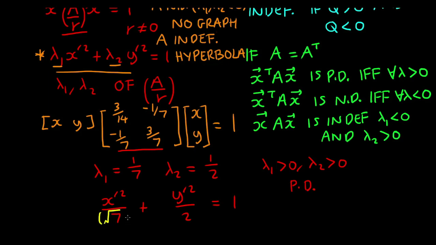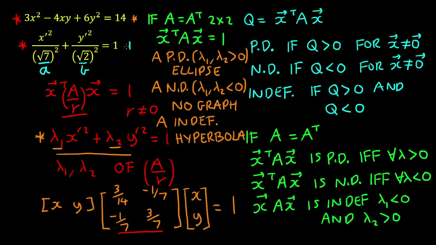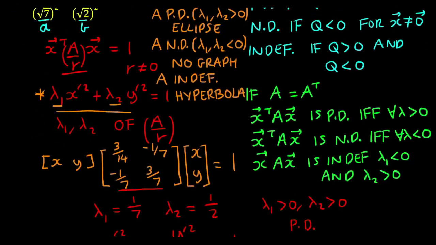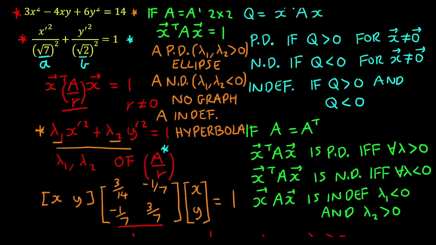So we can see that root 7 squared and root 2 squared in the denominator gives the same equation for the ellipse that we obtained earlier. Using the alternative method of finding the eigenvalues of A, here we have an alternative method to be able to quickly classify our conic sections using the eigenvalues of this matrix A on r, corresponding to the quadratic form, where the right hand side is 1.